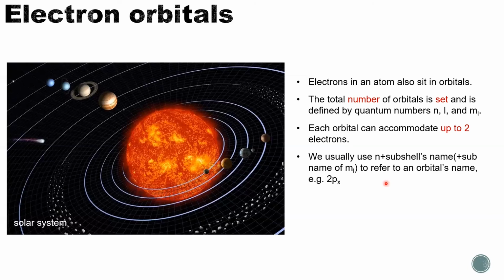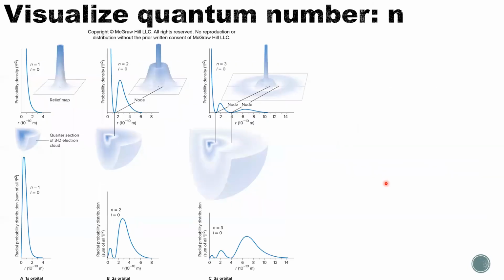One concept I want to make clear is that an atom always has these orbitals. It's just that some of the orbitals are occupied by electrons, and some are not, but the orbitals are always there. So let's visualize the principal quantum number n. We know n can start from 1, 2, and 3.